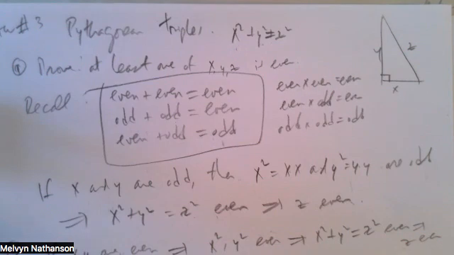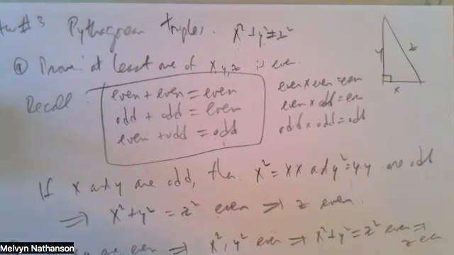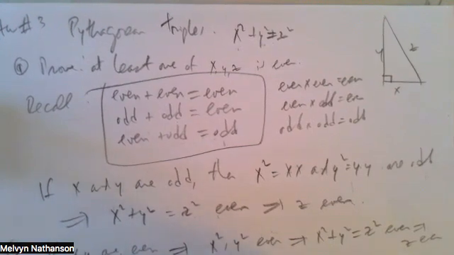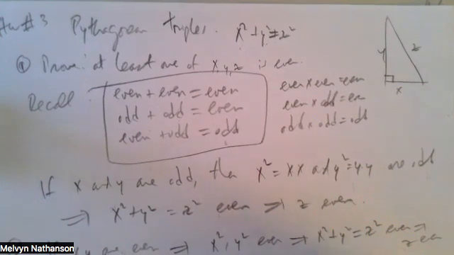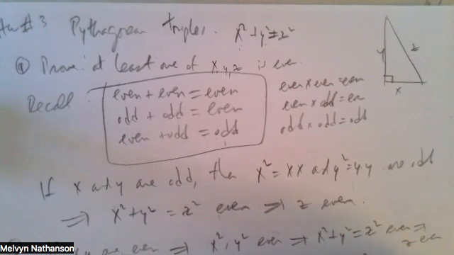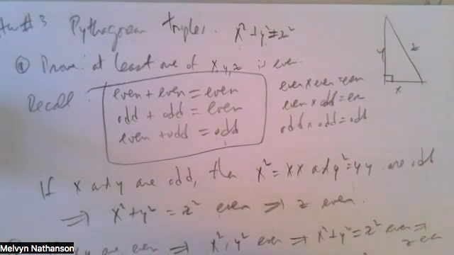If x and z are even, then x squared and z squared are even. If you look at the equation, z squared minus x squared is y squared. The difference of two even numbers is even.